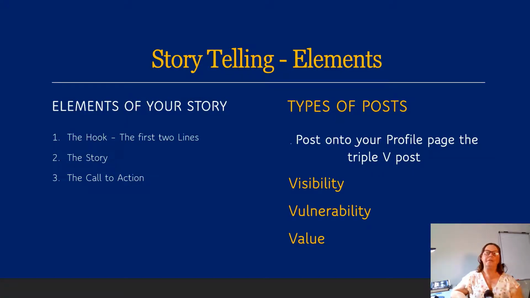And then, of course, you unfold your story of the adventure, of the transformation, of the vulnerability, everything else as well. And then you have a call to action. So a call to action could be, hey, grab my free PDF. Hey, I've got a free download, or comment down below, or something. You want some sort of call to action as well. So 3 elements.